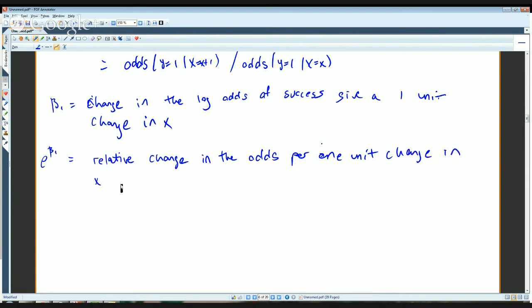The relative change in the odds is called the odds ratio for obvious reasons, right? It's a ratio of odds.